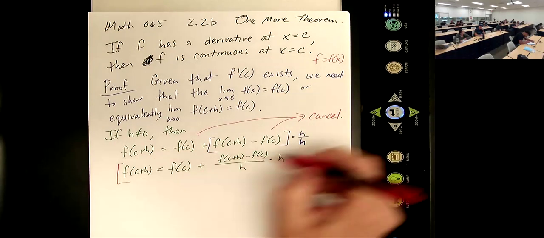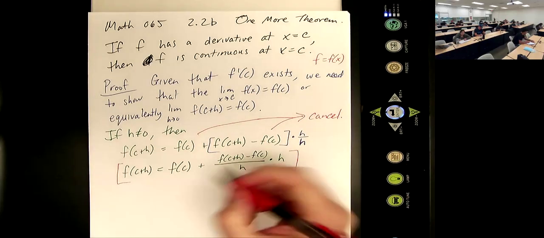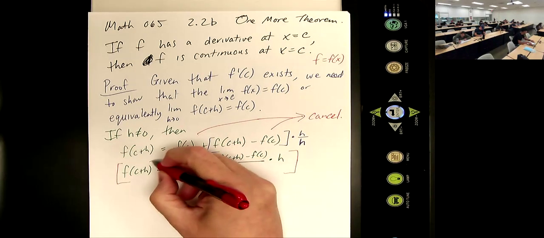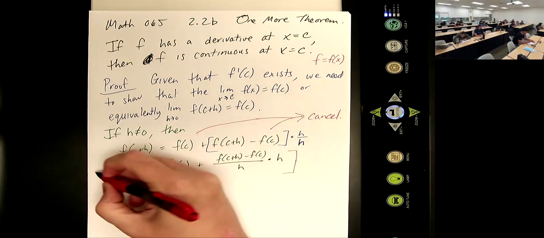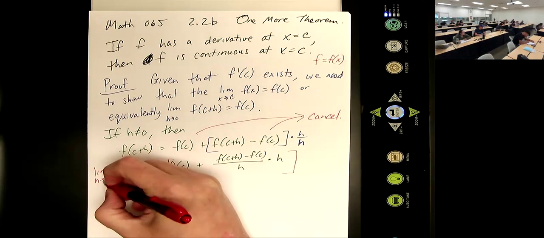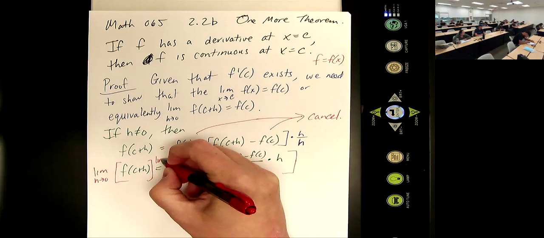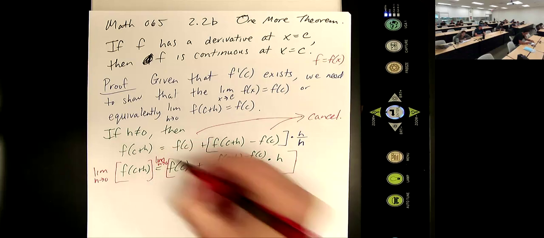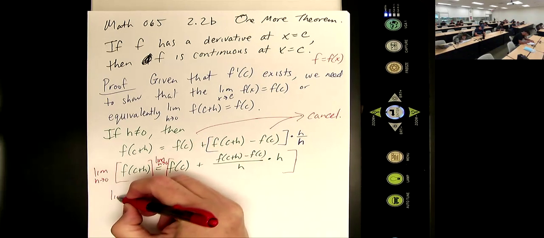Now we're gonna hit this whole thing. Maybe I should put it on both sides. We're gonna do the limit as h goes to 0 on both of them. So I'm just gonna write it fresh down here.